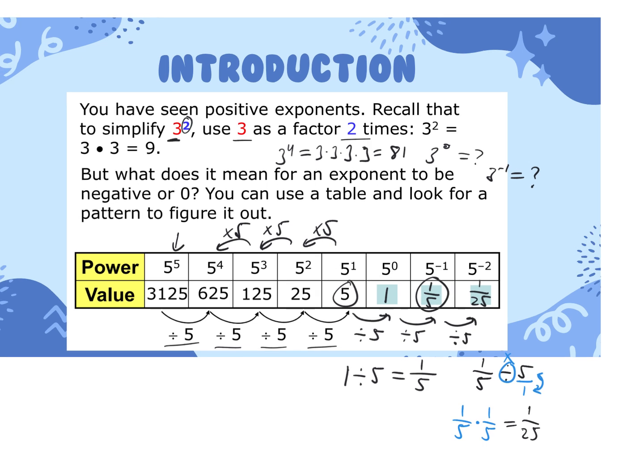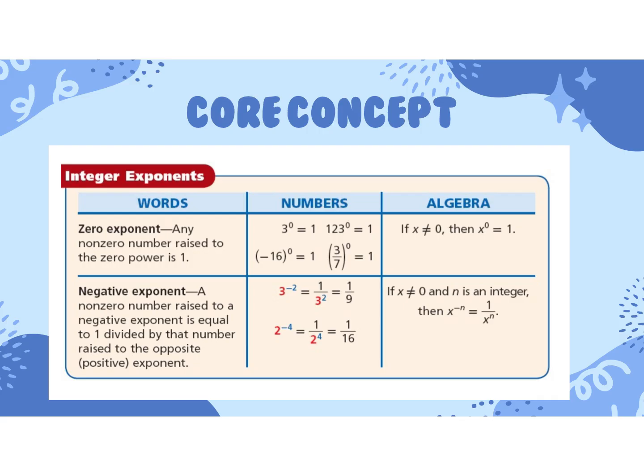All right, so that's what happens when we keep decreasing our exponents. You can see that we end up with 1 when it's raised to the 0, and then as we go negative, we get fractions. So that's going to be the case for any negative and for any 0 exponent. All right, and these are properties that you guys are going to need to know. You guys are going to get very familiar with them. Our first property is a 0 exponent.